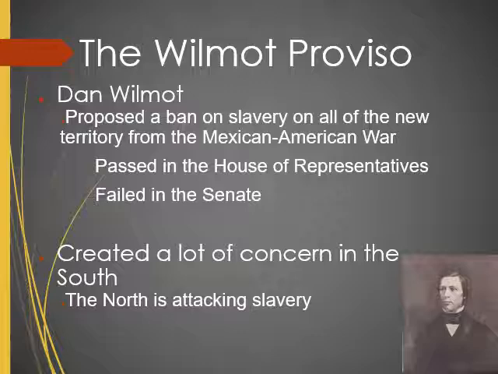And it actually passed through the House of Representatives in 1846, because there was a higher population in the North, so there were more representatives from the North than from the South. However, in the Senate, there were the same amount from the North as from the South, and so they were not able to get a majority, and the Wilmot Proviso did not go through.